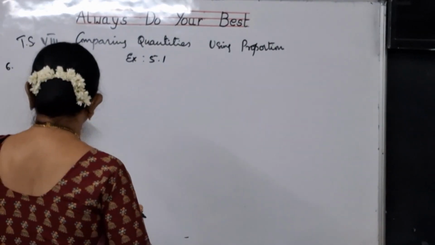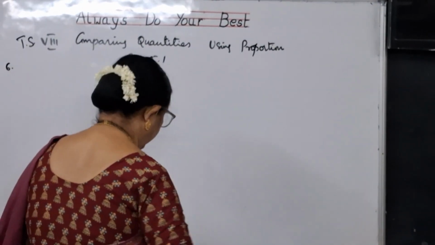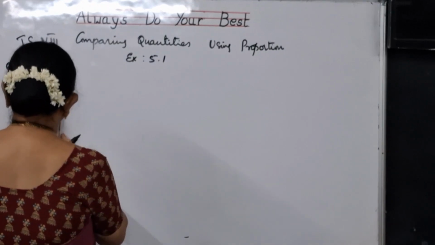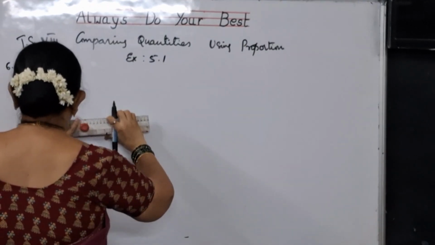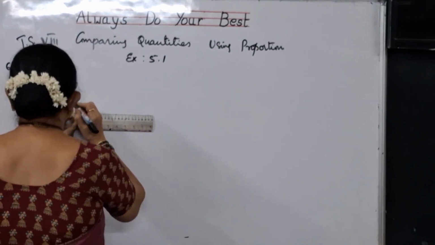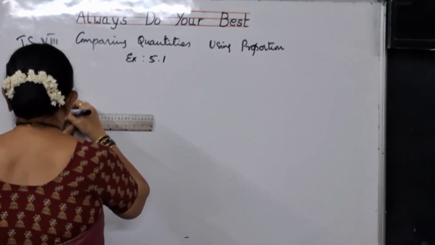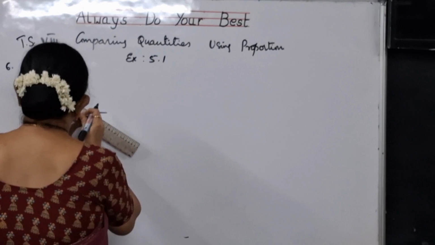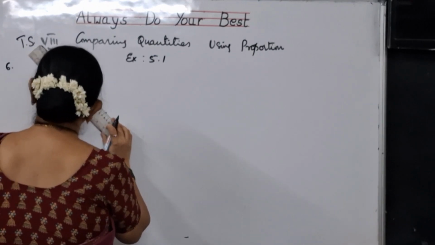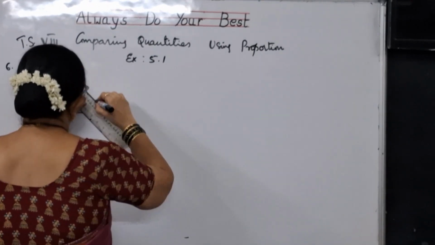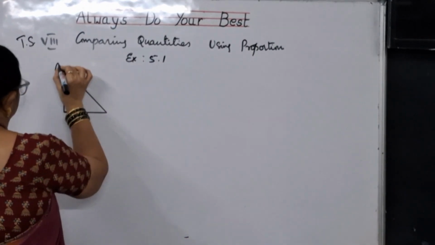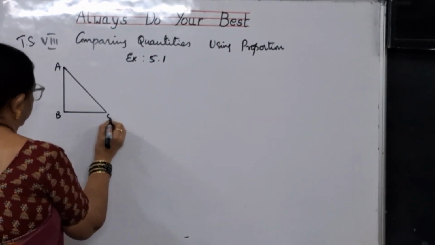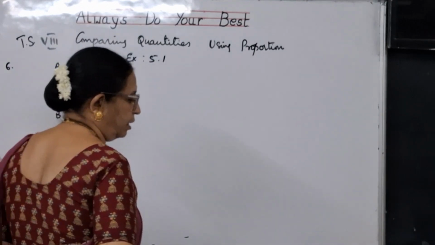A right angle triangle is given to you. So let me draw that. This is given as A, B, C. This is the right angle.